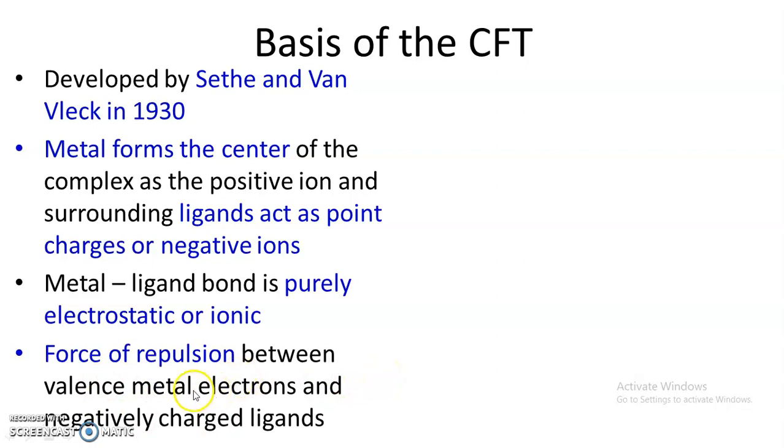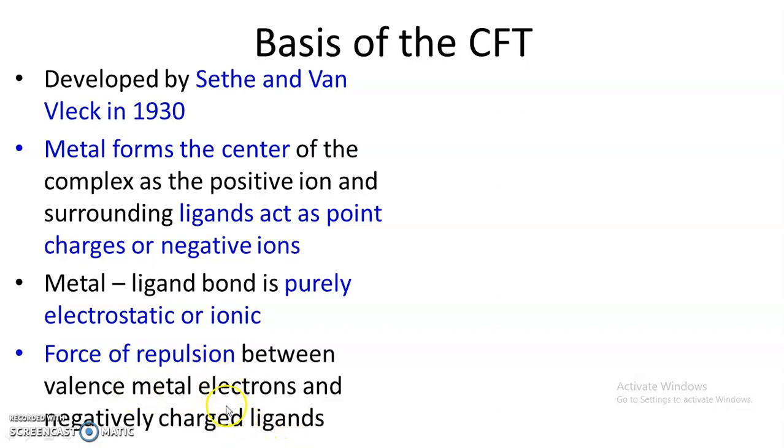According to CFT, there is a force of repulsion between valence metal electrons and negatively charged ligands. As ligands are electron rich, they are negatively charged, and at the center there is a metal, and in the valence shell orbitals of the metal there are electrons.